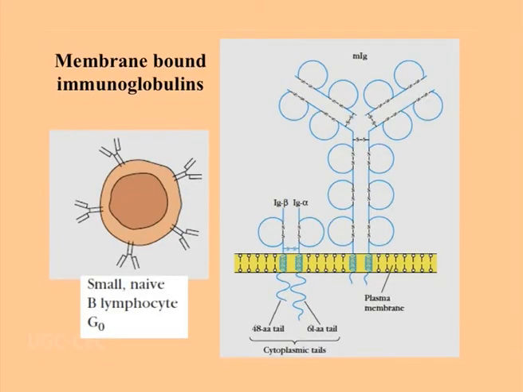This dimer has a long cytoplasmic tail, and as the membrane bound immunoglobulin binds to an antigen, it changes its conformation. Now it interacts with the dimer Ig alpha, Ig beta, and Ig alpha, Ig beta actually sends the signal inside the B cell. So, membrane bound immunoglobulin along with Ig alpha and Ig beta produce the B cell receptor.